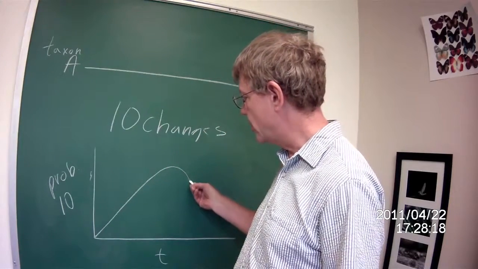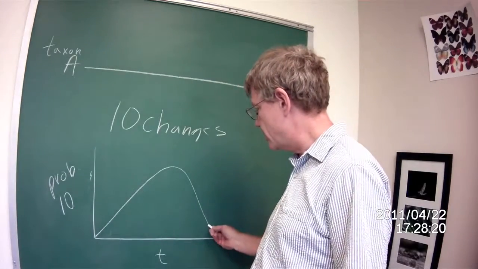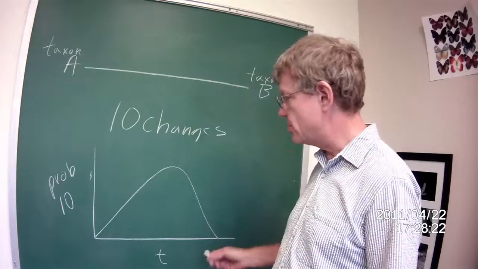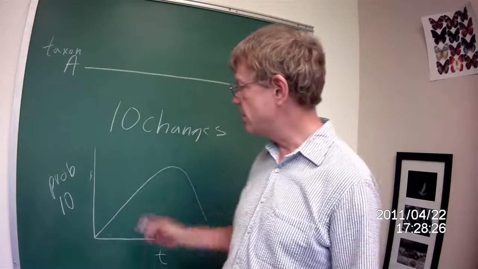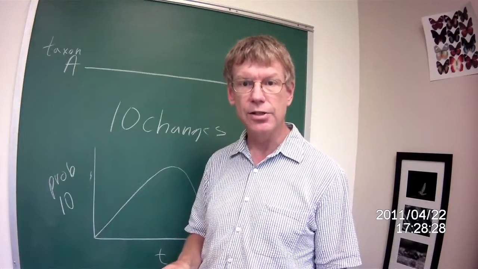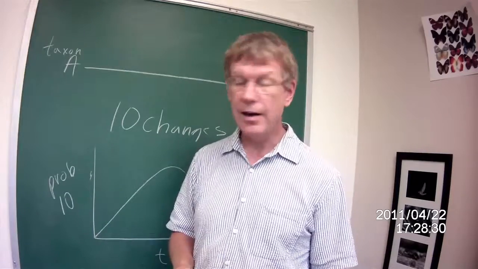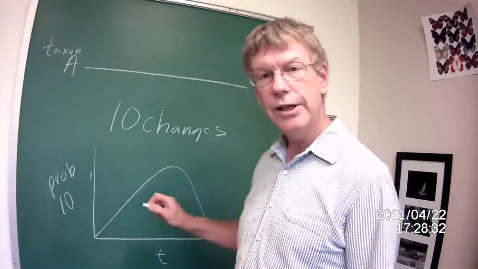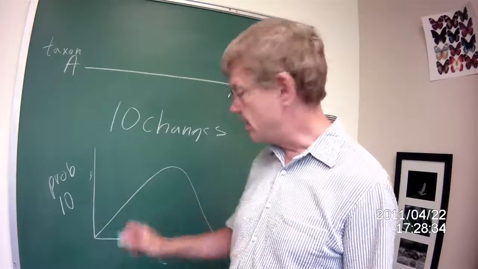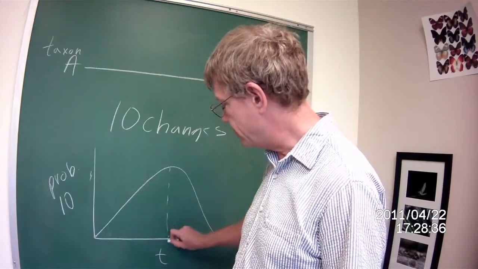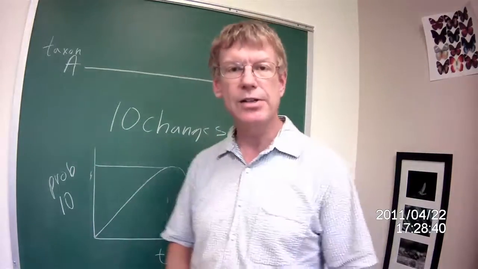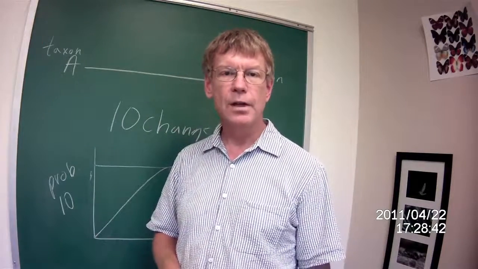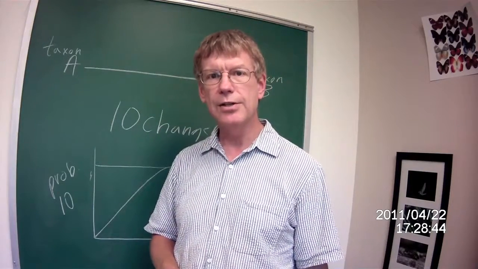It starts to go down, such that as time is much longer, the probability of observing 10 and only 10 changes goes down. So what we're looking at is the amount of time that should occur in order to maximize the probability of observing 10 and only 10 changes.